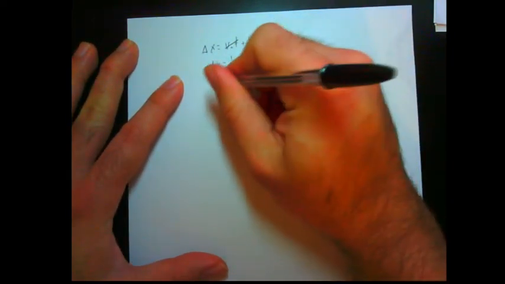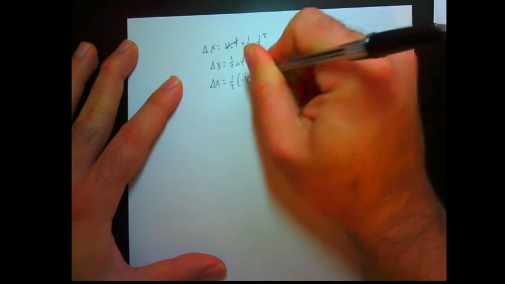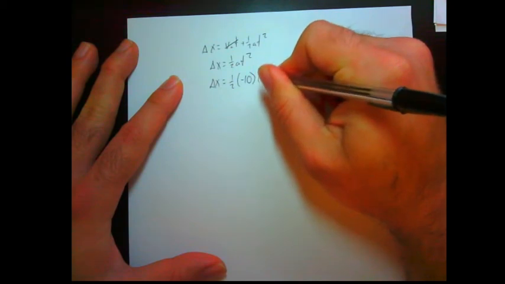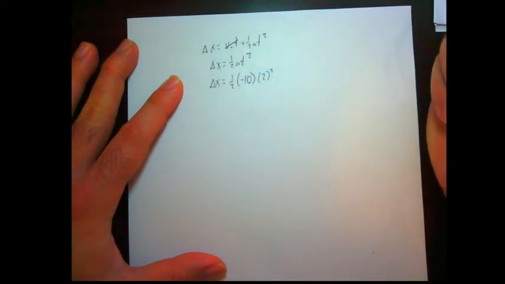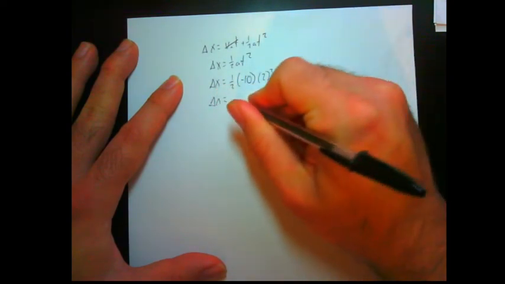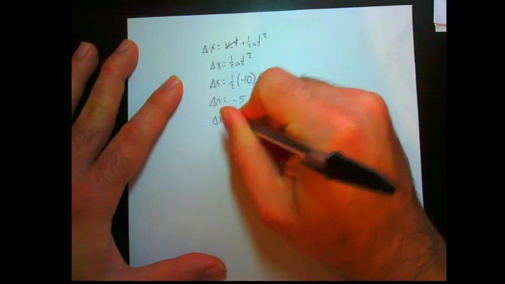So how far is delta x? The A is negative 10 because it's in free fall, and we were asked how far has it fallen in the second. So delta x equals negative 5 times 4, so delta x equals negative 20 meters.